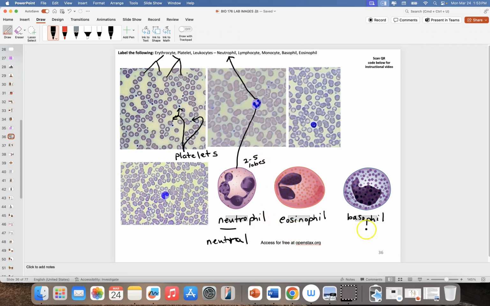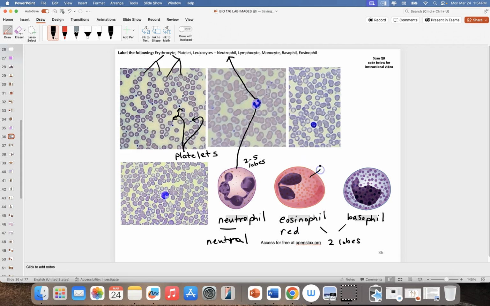The eosinophil and basophil, each of these are going to have 2 lobes for the nucleus. So then what we need to do is look at the cytoplasm. Now the cytoplasm, eosin, means red.